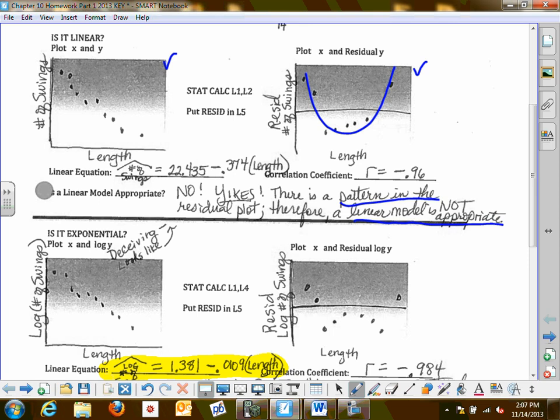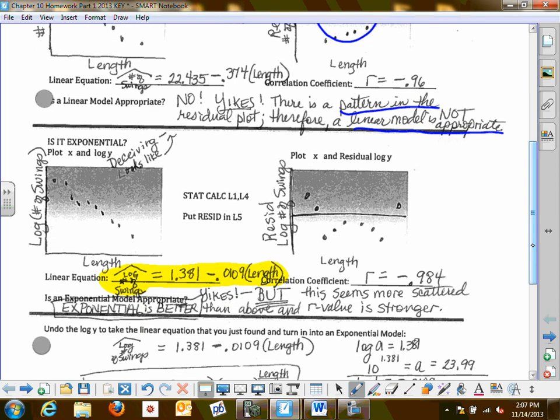Now, here's where it kind of got tricky. We ended up having this one here look very much like the one above, so quite a few people were a little concerned because it's typically not supposed to look the same as above when you log the y's. I'm not exactly sure why it was so close, but I would imagine that this y scale was very different.